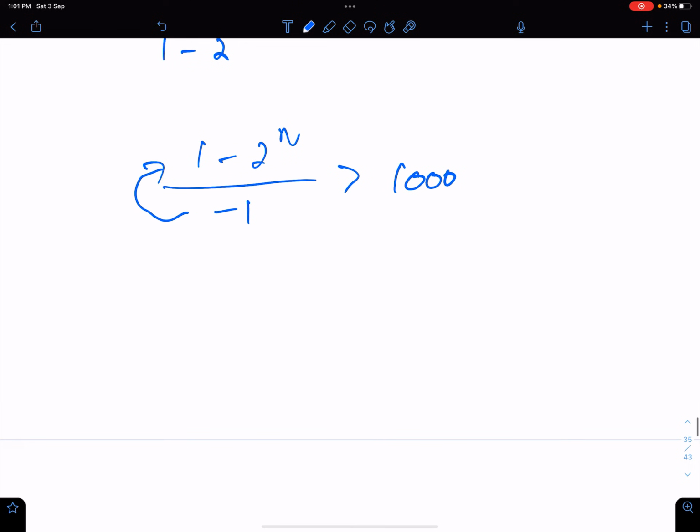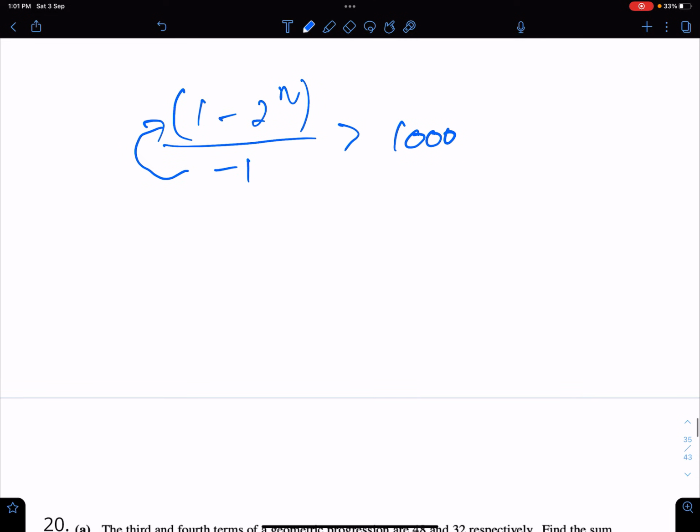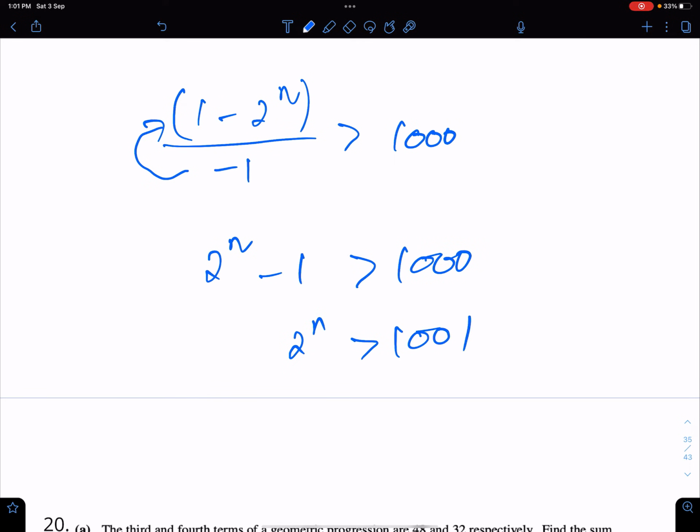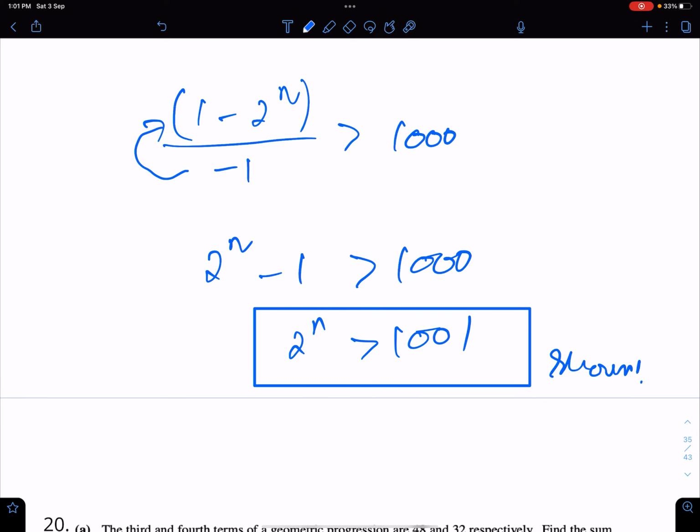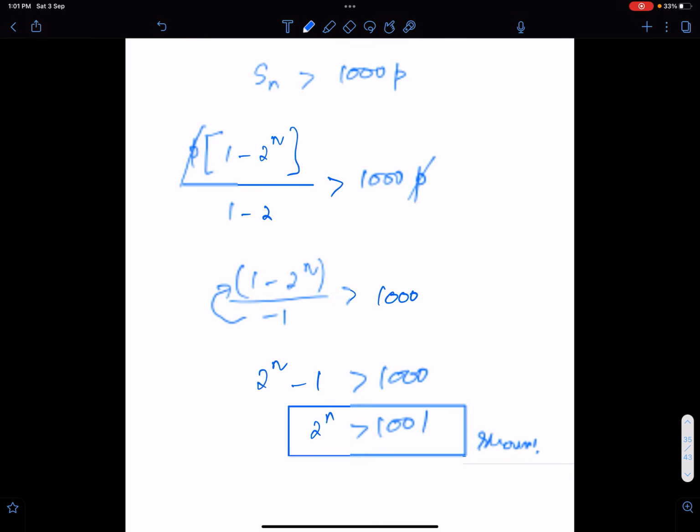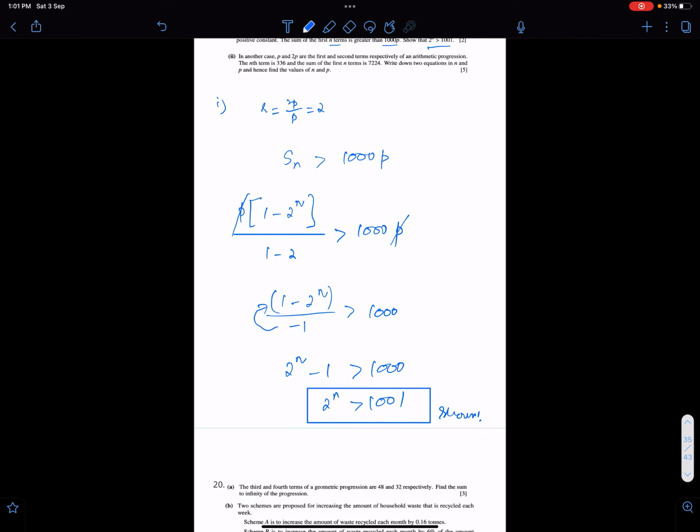Now bring this 1 here, minus 1 here. So we get 2 to the power n minus 1 greater than 1000. So 2 to the power n is greater than 1001. This is what we had to show. You can check this solution again.